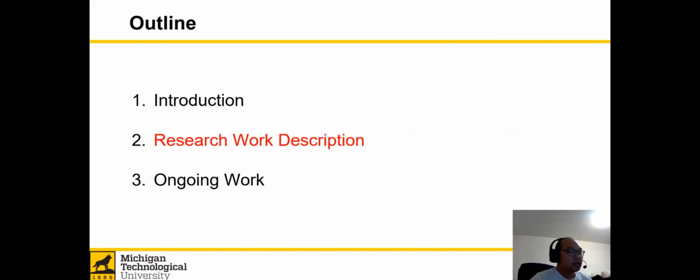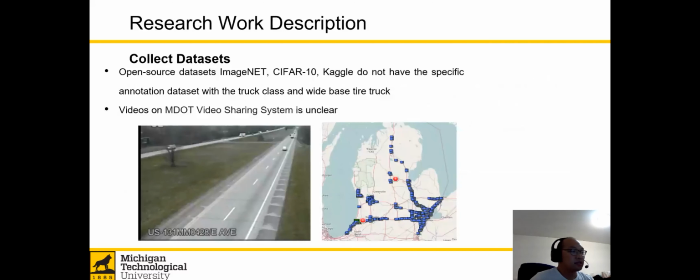Next we go to the research work descriptions. First is to collect the data for the wide-base tire truck. We checked some open source datasets like ImageNet, KITTI and Cargos. I found they have some datasets to compare the car and the truck.